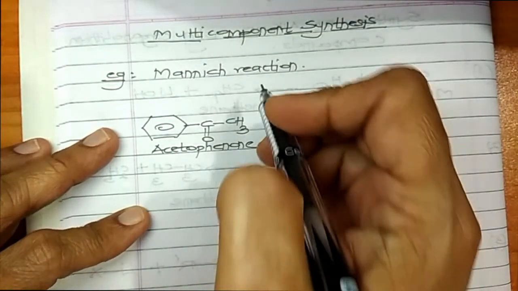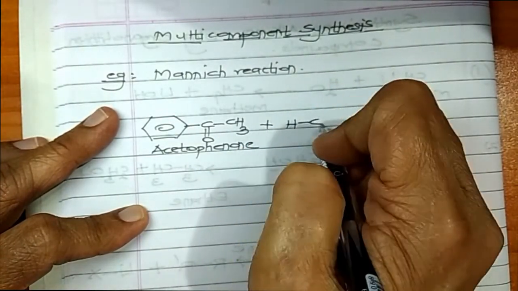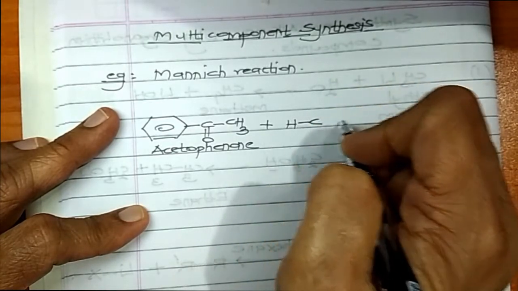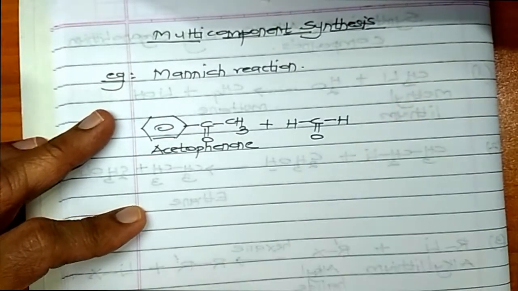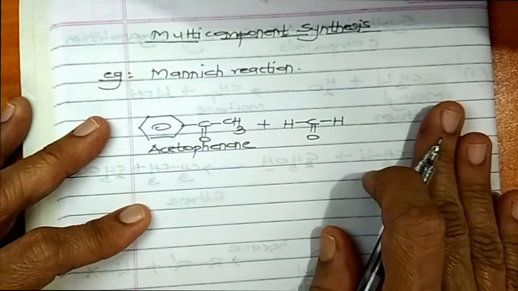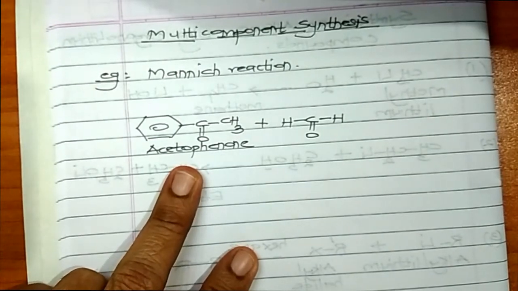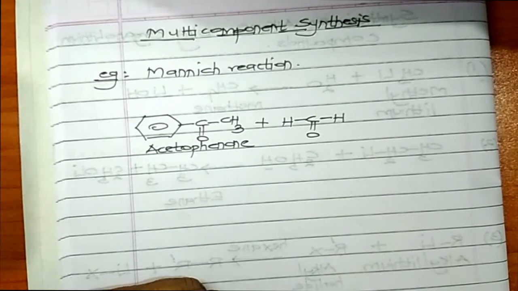Now make it react with formaldehyde. What is formaldehyde? HCHO. So I write HCHO. So I have taken a compound containing one or more active hydrogen atoms, and I have taken formaldehyde. You remember the third requirement?